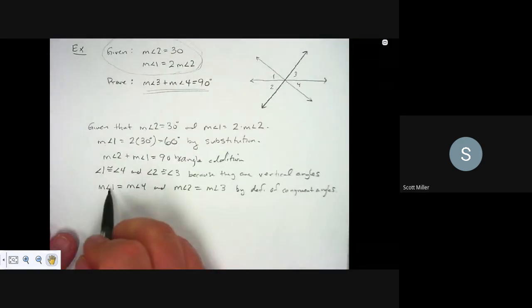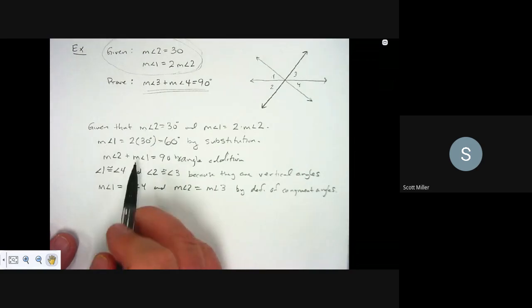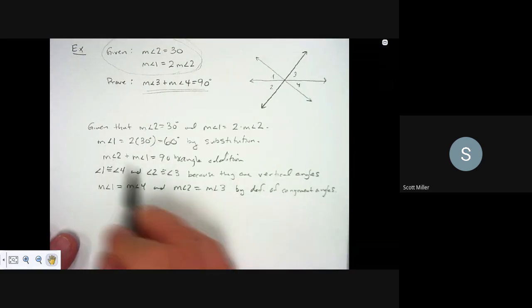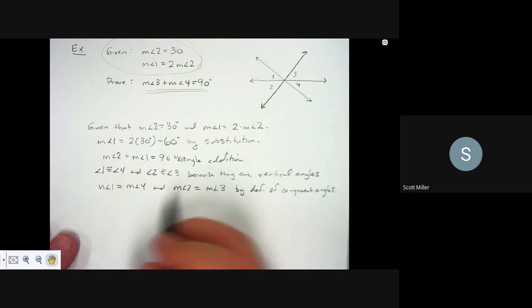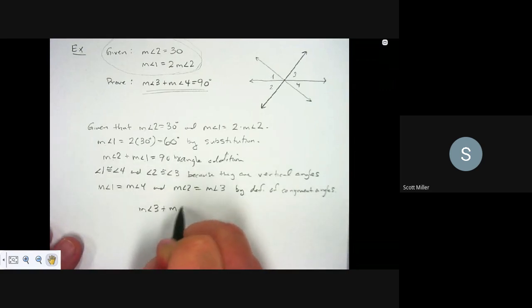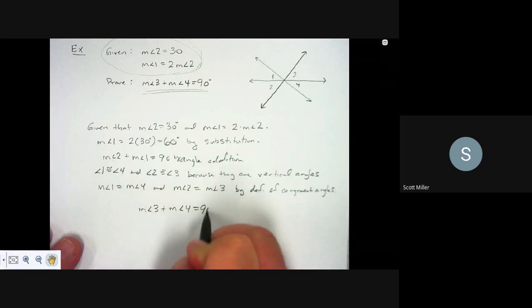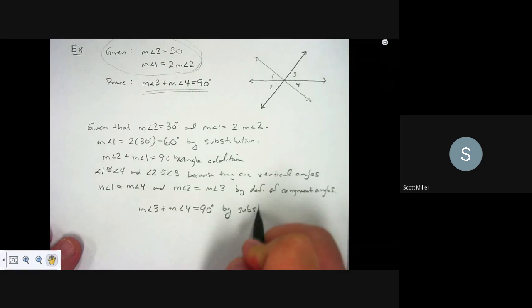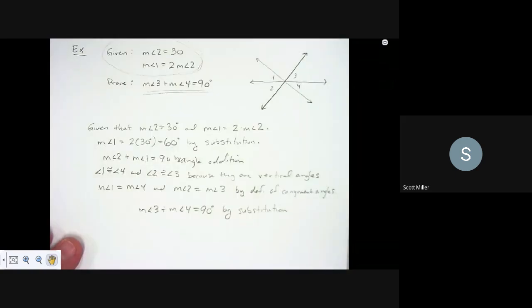Well, if the measure of angle 4 equals the measure of angle 1 and the measure of angle 3 equals the measure of angle 2, then I can replace these up here in this equation with the new ones, and I can simply say that the measure of angle 3 plus the measure of angle 4 equals 90 degrees, and again by substitution. And you have now proven this proof. That's how you do it.